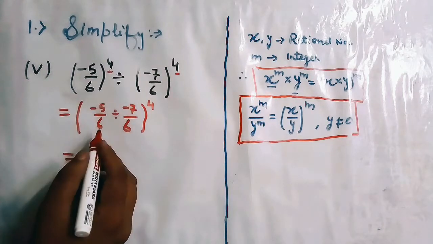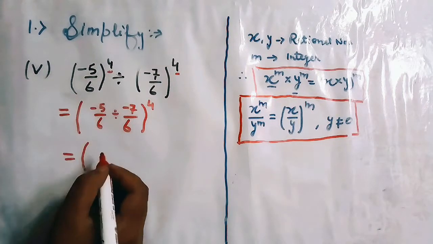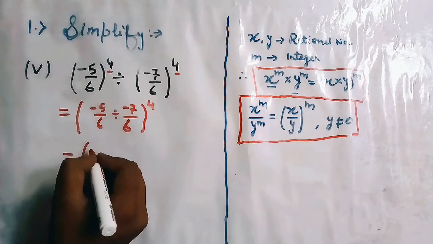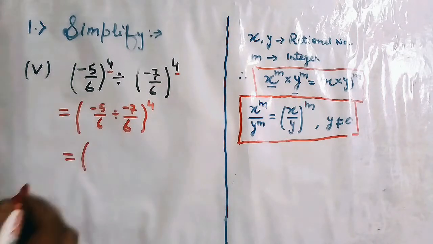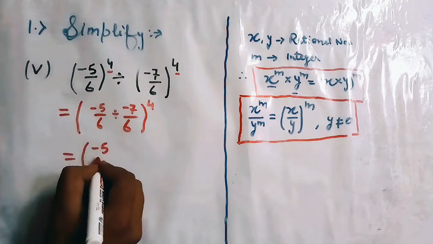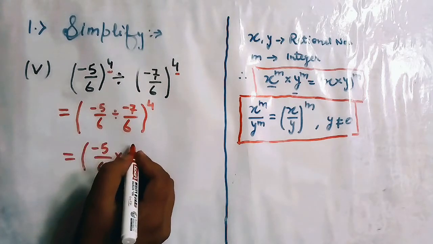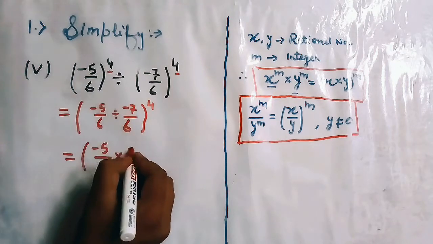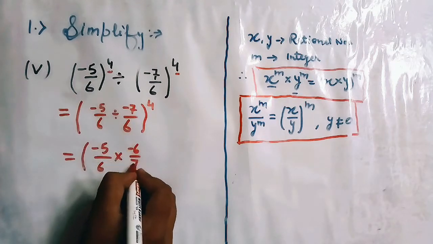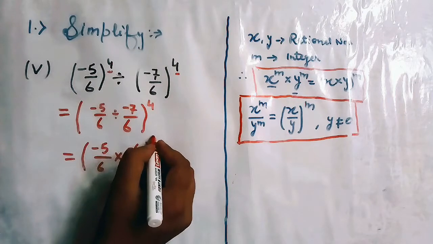This will be equals to minus 5 upon 6. You know how to divide the rational numbers. So minus 5 upon 6 as it is, change divide into multiply and take reciprocal of the divisor, that is minus 6 upon 7, whole raised to power 4.